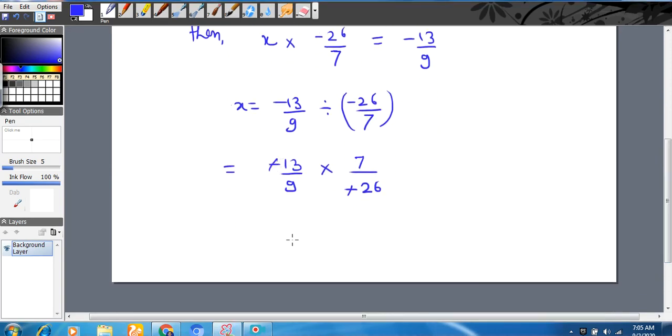Negative signs can be cancelled out, and 13 into 26. So it is 7 upon 9 into 2, and the answer is 7 upon 18. It means our number, whatever the number that we assumed, is 7 upon 18. The third question is completed.